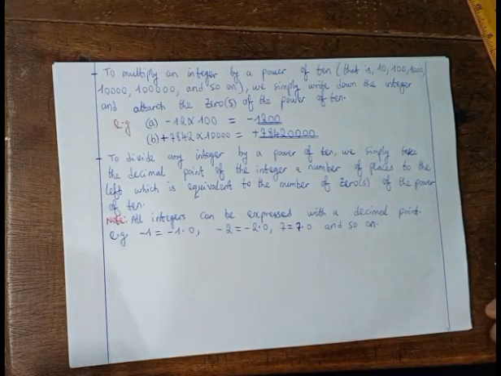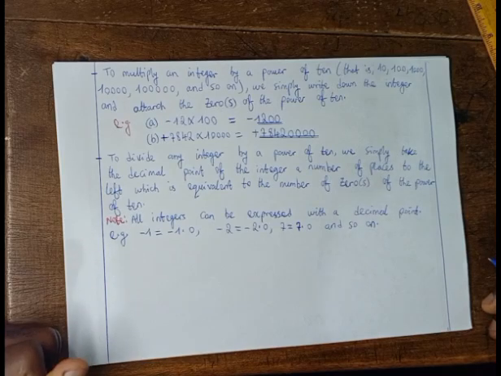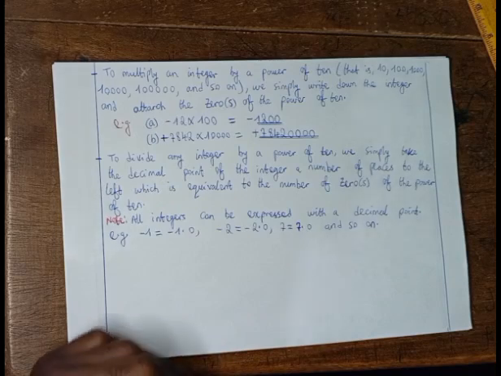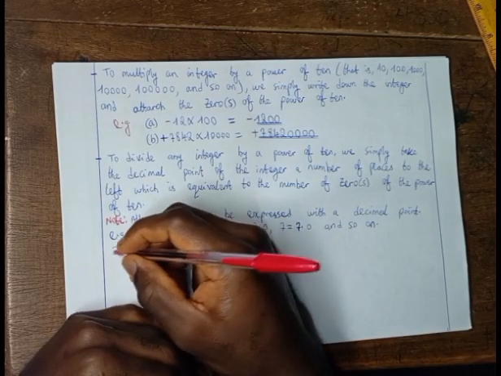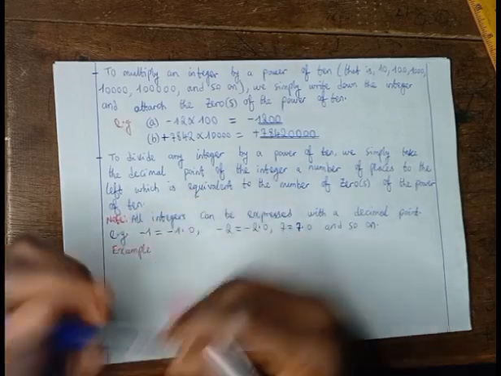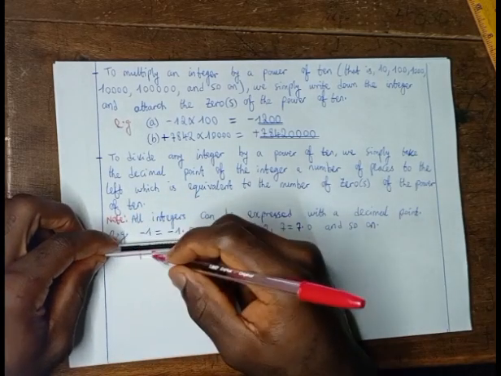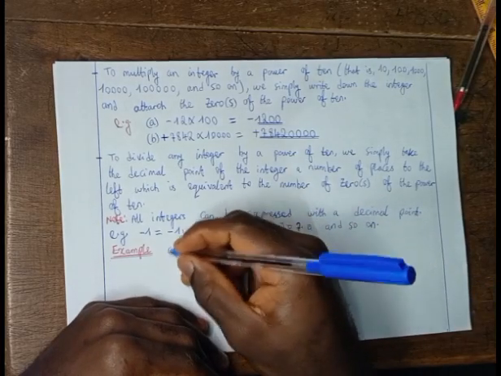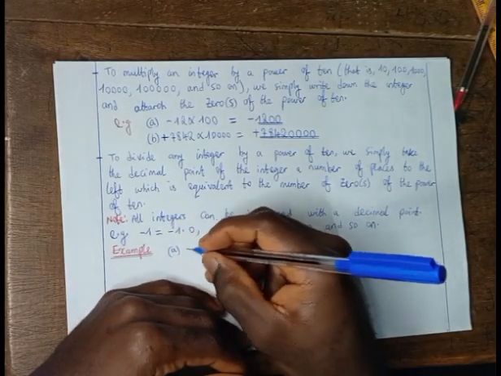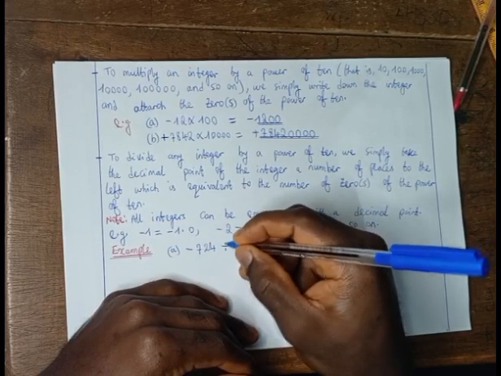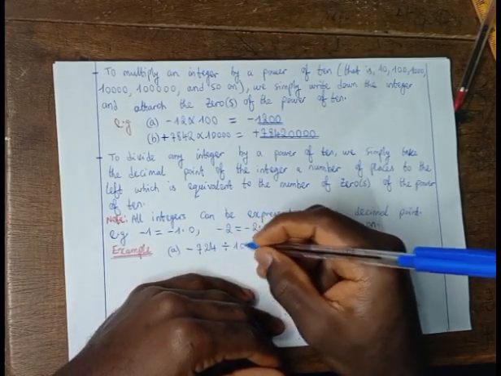Now let's take some examples under the division of an integer by a power of 10. Let's take this example: we have to divide -724 by 100.